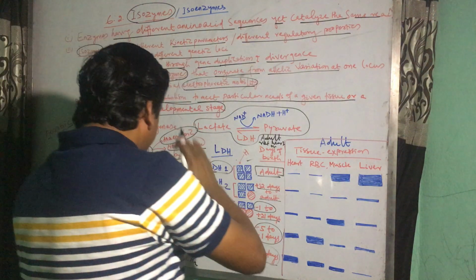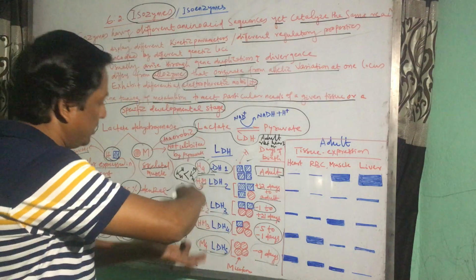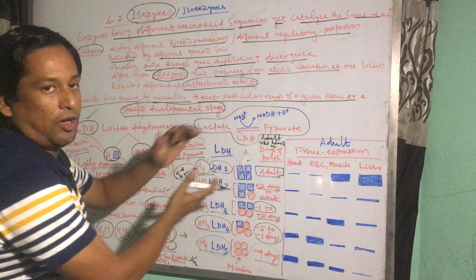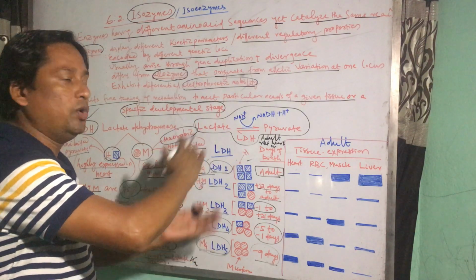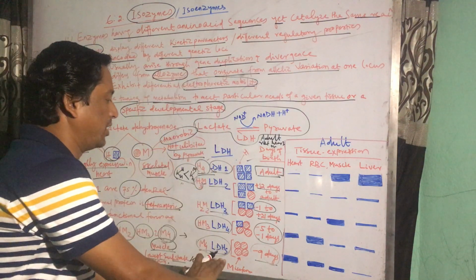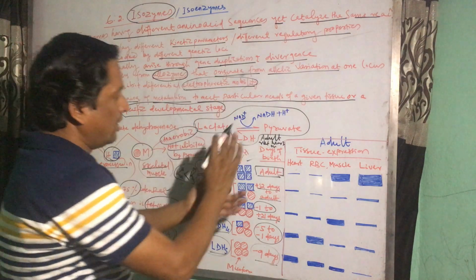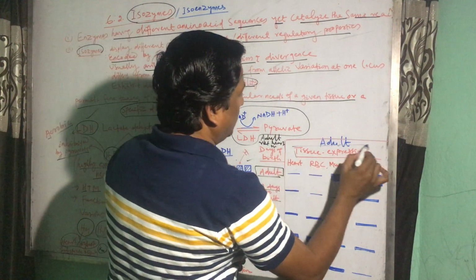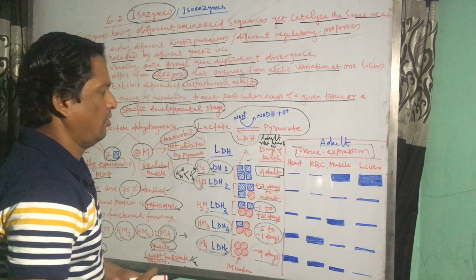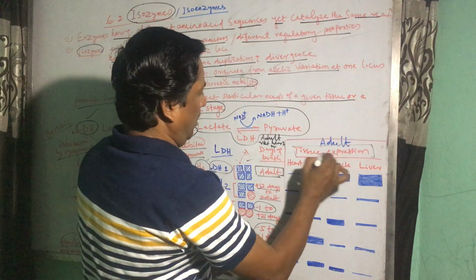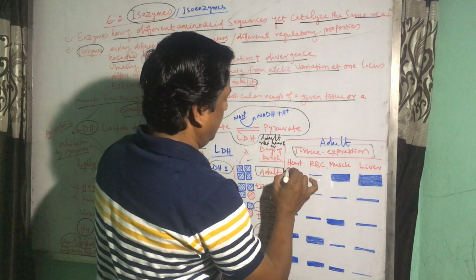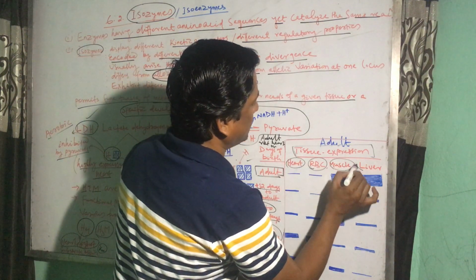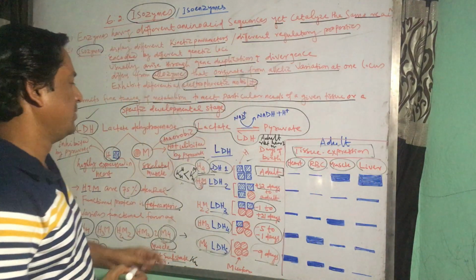This tissue specific change in LDH isoforms helps the organism survive in 2 different conditions, from non-aerobic to aerobic condition. Now we'll see how different tissues of the adult rat have different expression of these enzymes.